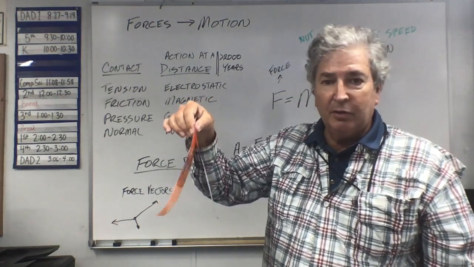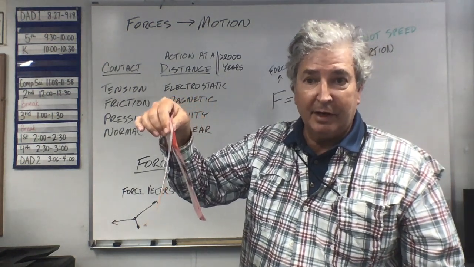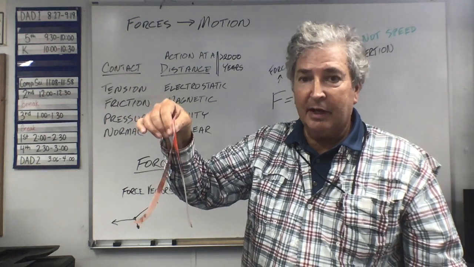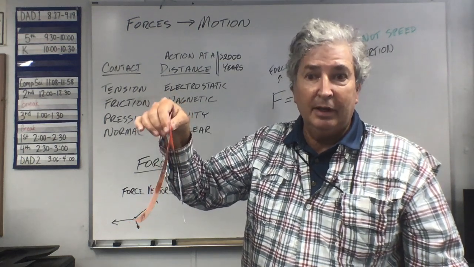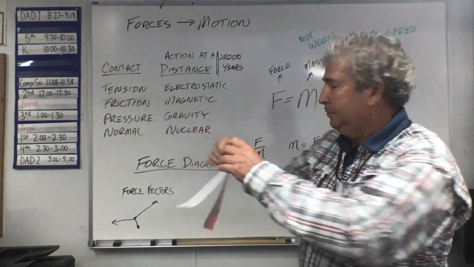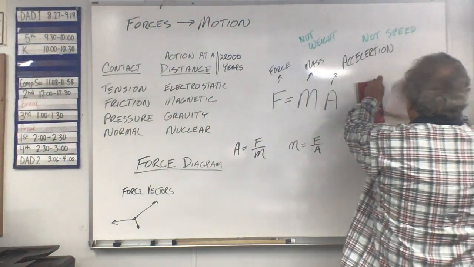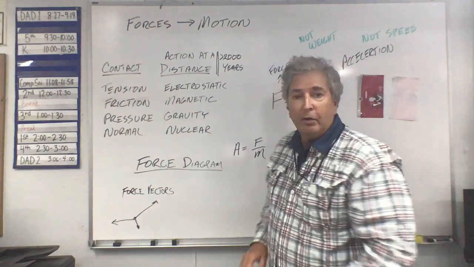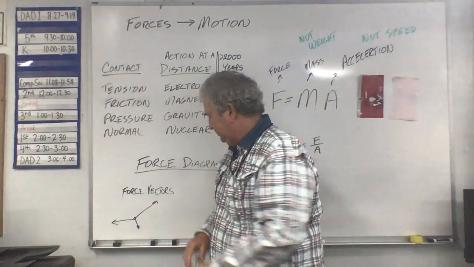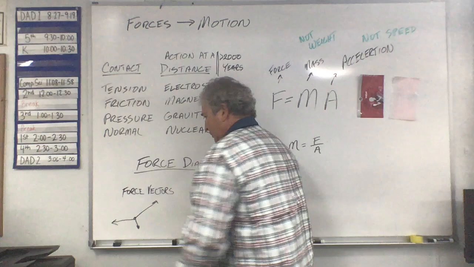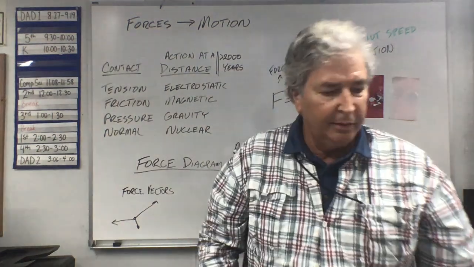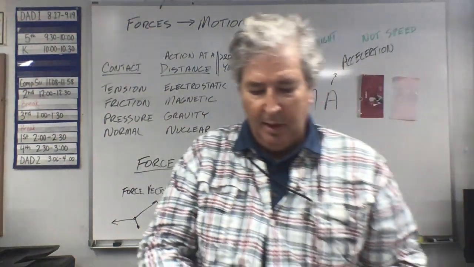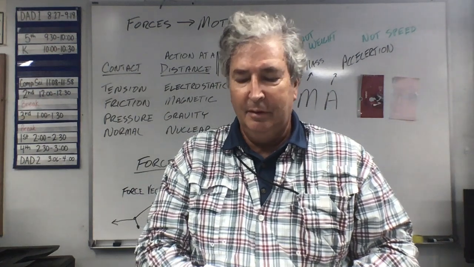This is the first thing you want to know about electrostatic forces. They can be attractive and equally as repulsive. I know you're all familiar with magnets. This is another force at a distance.